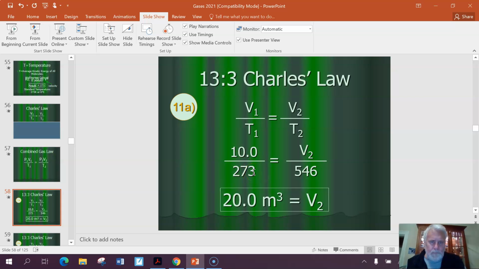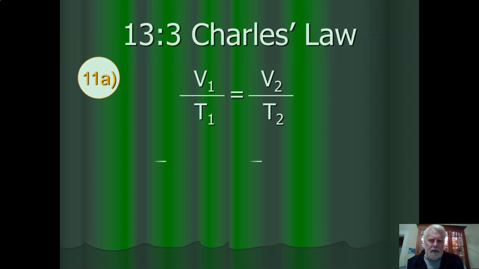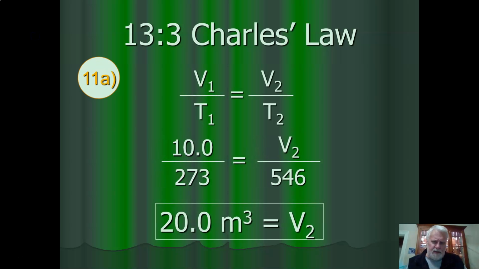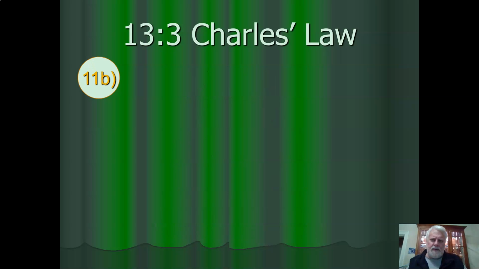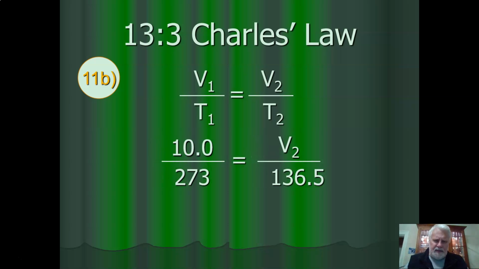So with all of these problems, you'll definitely want to make sure that you always do the equation setup and answer. So 11B, you're going to do the formula. There's Charles' law. Notice the temperatures are always in Kelvin.